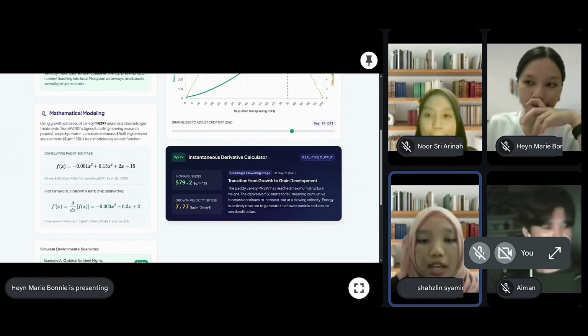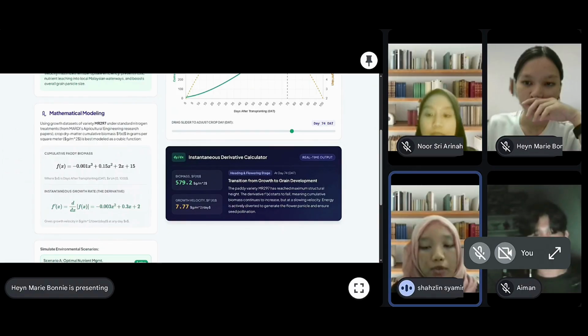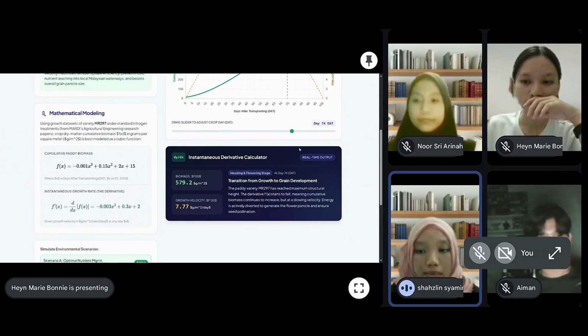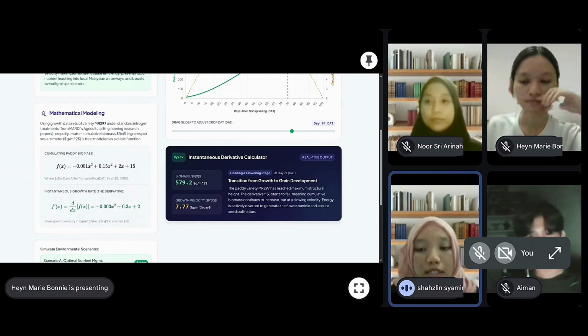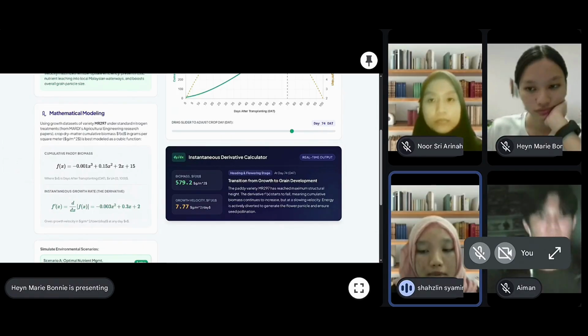To conclude, as required by the presentation guidelines, I would like to recommend one way to make this HTML application better. In the future, we could integrate an automated push notification or email alert system via JavaScript.